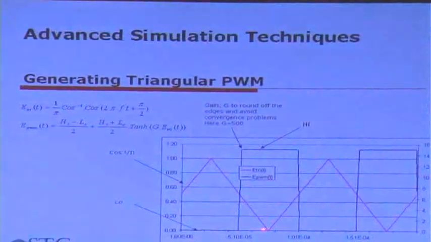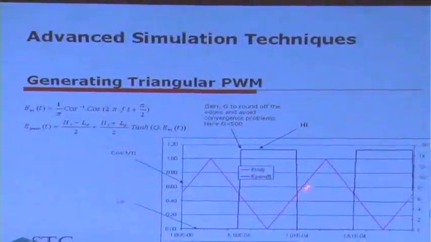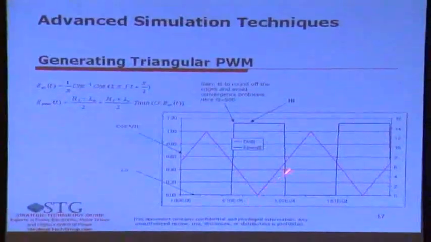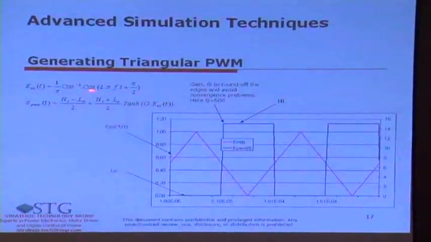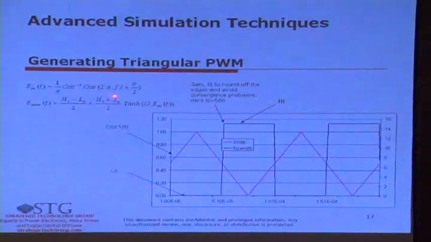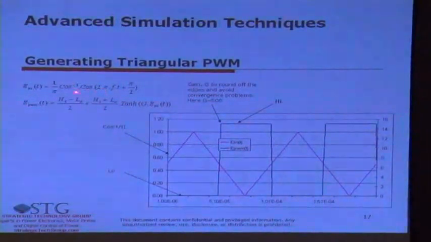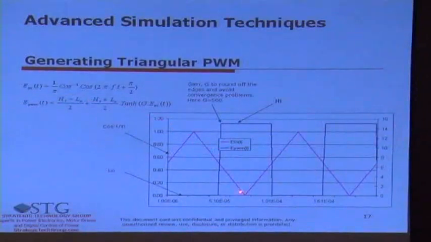So this one basically is a 0 to 180 degree ramp up, 0 to 1, so count up, count down. We take the cosine function 2 pi f t, where f is your PWM frequency, and this is a sine function with plus pi by 2. And we take a cos inverse times 1 by pi. So this 0 to 1 is a 180 degree ramp up, count down.